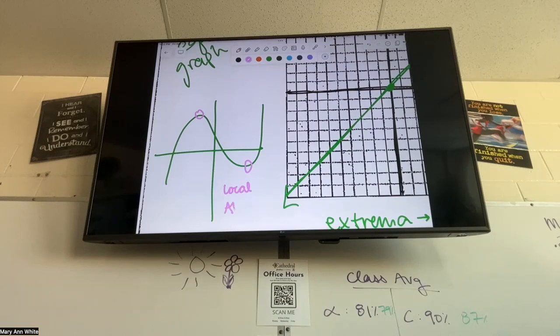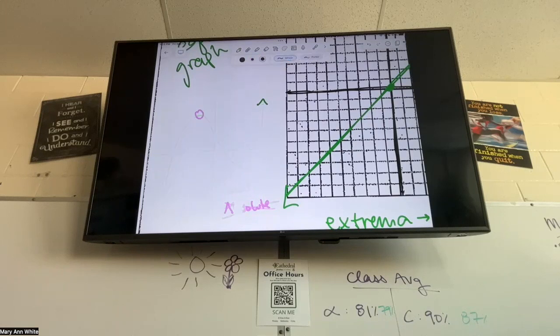However, it's not absolute, because absolute would be the biggest of the entire graph. Notice that this would keep going up, so there would be points that are bigger than that point right there. And same thing, it keeps going down, so there are going to be points lower over here than that point right there. So there are no absolute maximums or minimums, no absolute extrema on this graph, but there are local ones. Do you kind of see the difference between local and absolute?